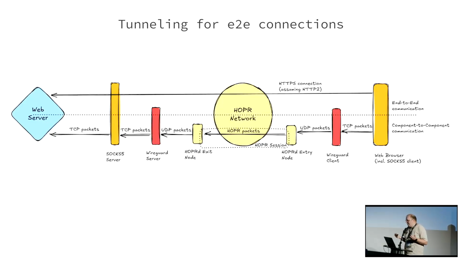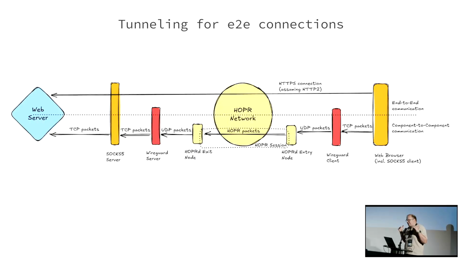If you now add WireGuard into the mix, what happens? WireGuard creates a UDP-based communication channel between a client and a server. So WireGuard client and server. On the left-hand side is the server, on the right-hand side the client.